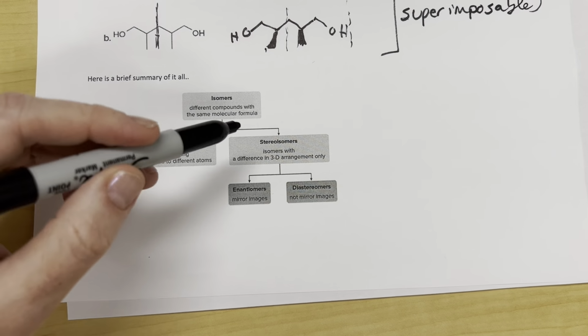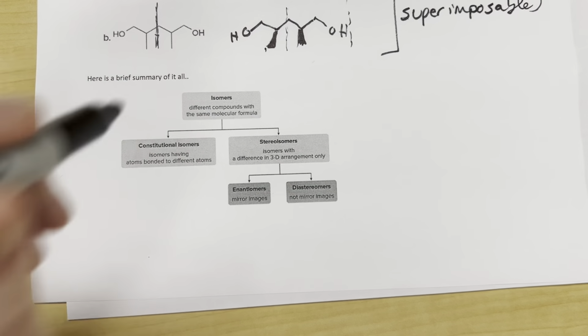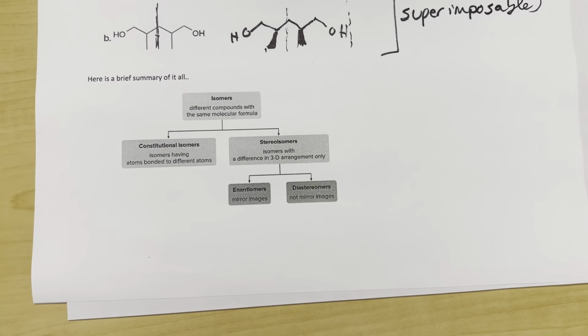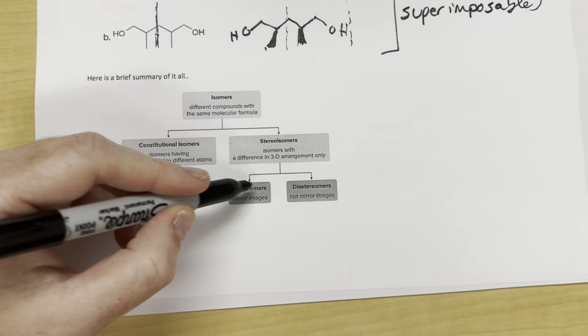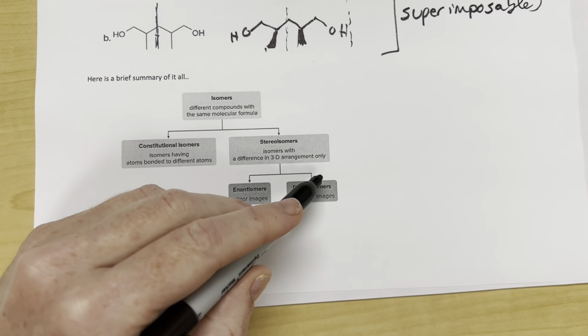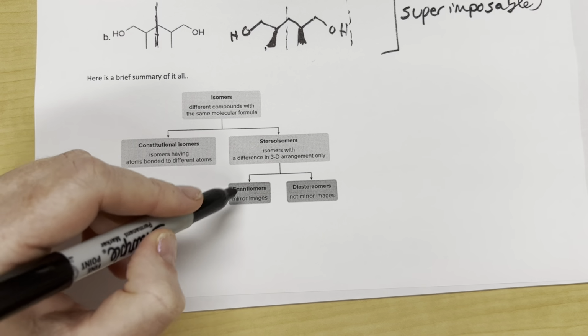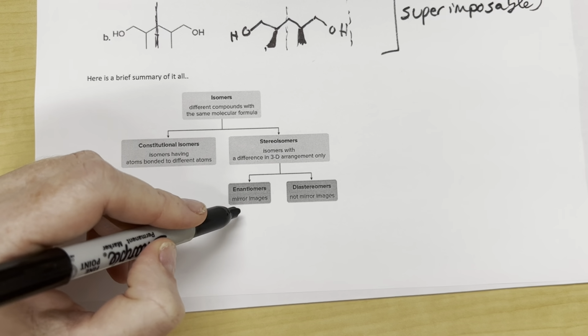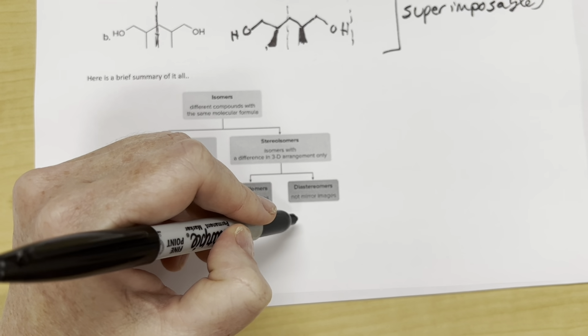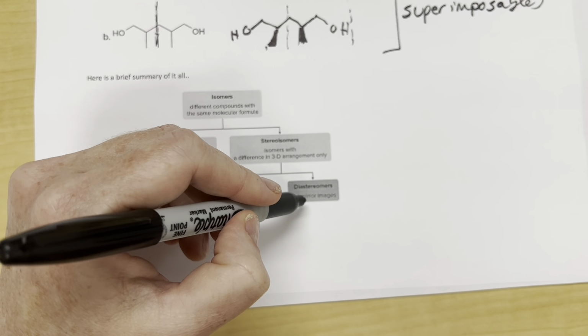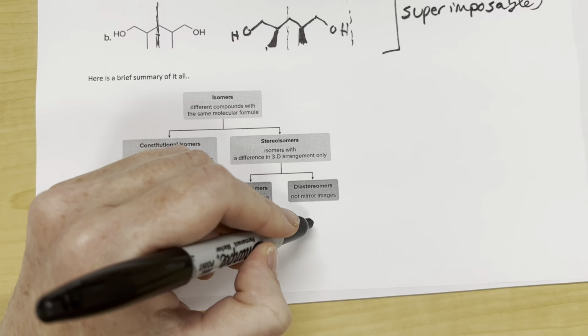They're still bonded to the right atoms, but maybe one's pointed up and one's pointed down. Those come in two different ways. One would be an enantiomer, which is a mirror image, and the other one's a diastereomer, which is not a mirror image. In enantiomers, remember, if one is R, the other one will be S. But in a diastereomer, this is going to be the difference with like cis versus trans.